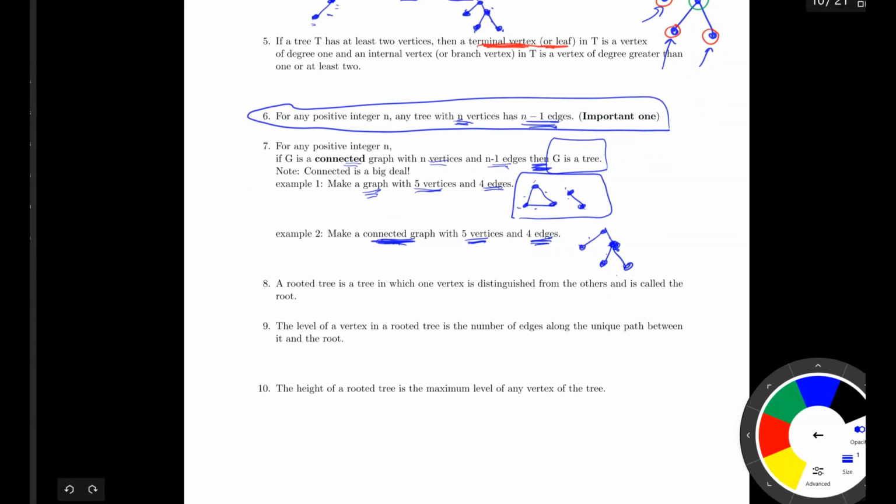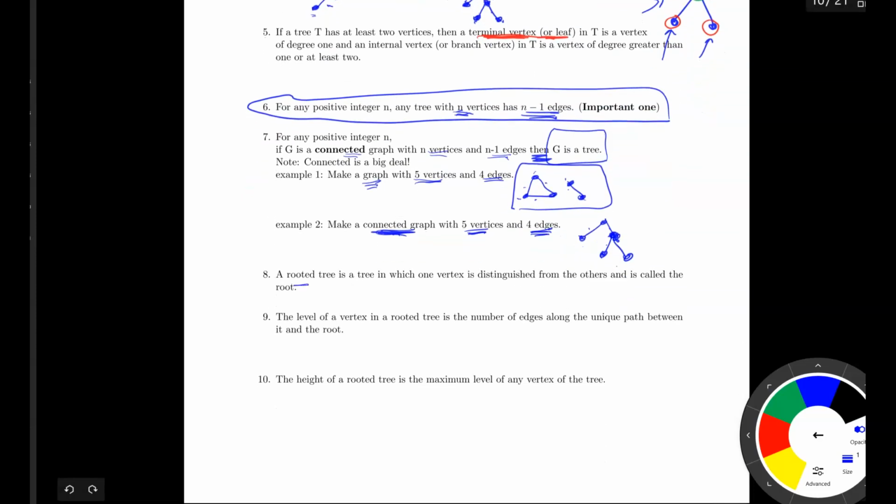Yes, okay. So a rooted tree is one where one vertex is distinguished, right? Like this is called the root. This right here, the starting point of it, is distinguished from all the rest, where the others are coming out from it. So the level of a rooted tree is the number of edges starting from the root and moving down. So let me give you a picture here.